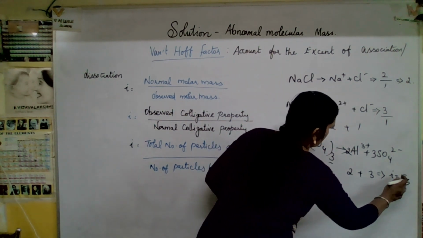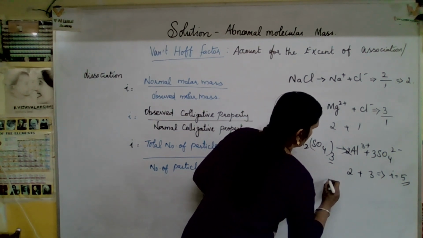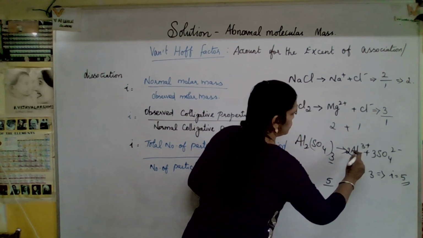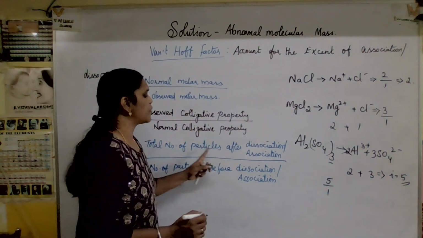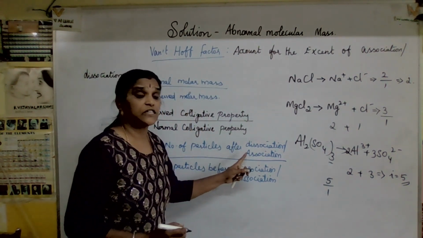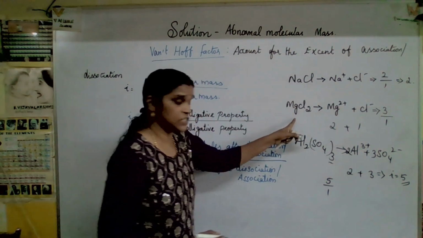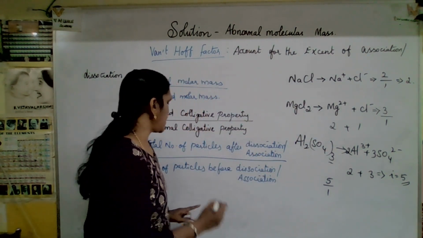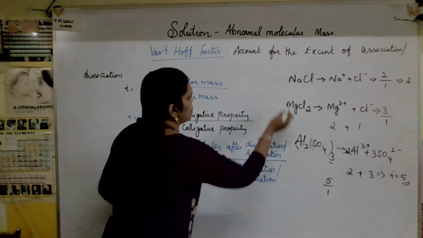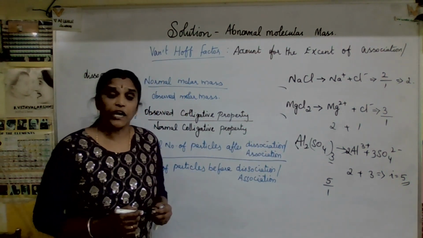How do you get 5? Here 2 plus 3 is 5, the total number of particles after dissociation, and this is before dissociation. So after dissociation it is 5 divided by 1. This is 1 only. Right? Okay, hope you got a better idea.